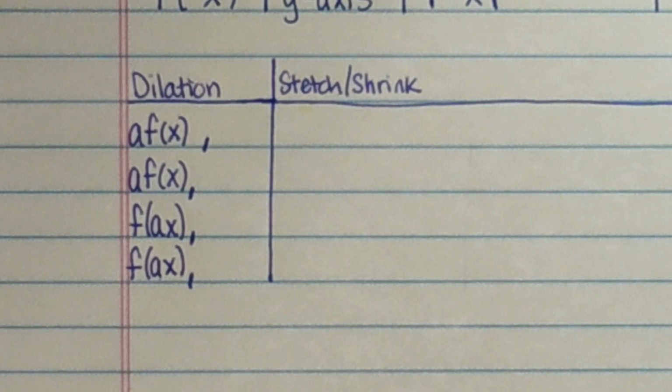It looks like 2 versions, a times f of x and f of a times x. The difference is if a is bigger than 1 or between 0 and 1.